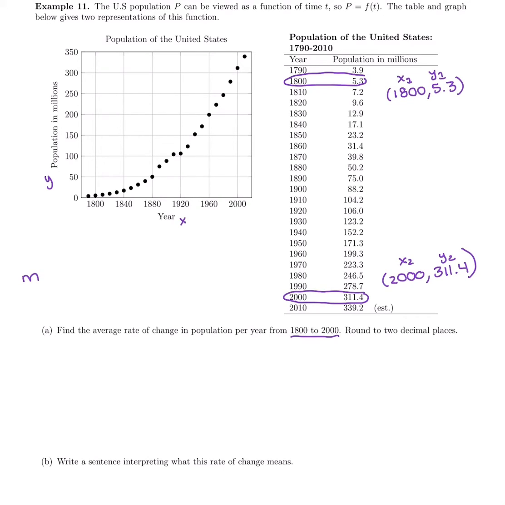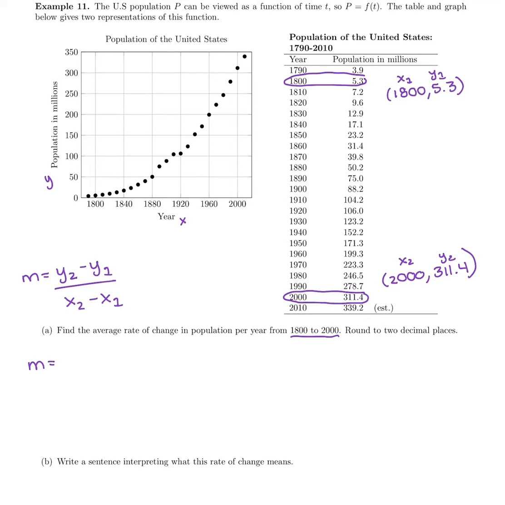So just to remind ourselves, the more we write it, the easier it's going to be to remember. The slope is the difference in your output or difference in y's. So y2 minus y1 over difference in x's, x2 minus x1. So if we plug in for this one, we want the average rate of change between these two y values.